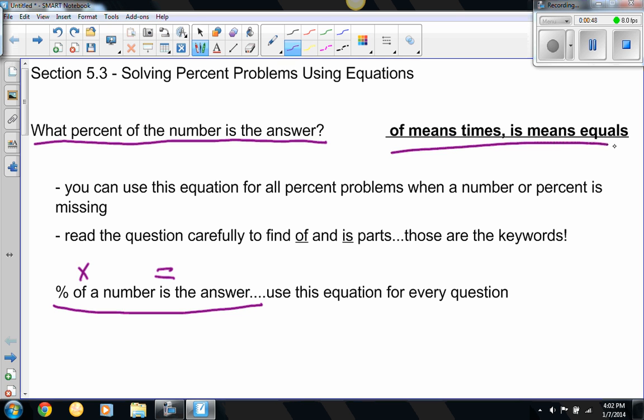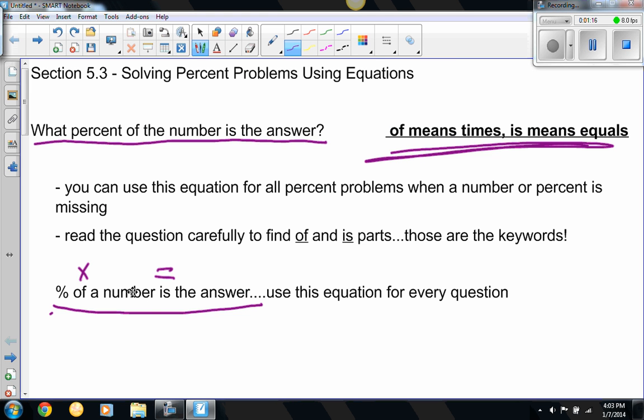I wrote that so you'd remember, and you're going to use that for every single question that I give you. It doesn't matter what part is missing. The percent could be missing, the number could be missing, the total always goes here, and the answer always goes here. So you have three parts of the same equation, and any one of those parts could be missing.